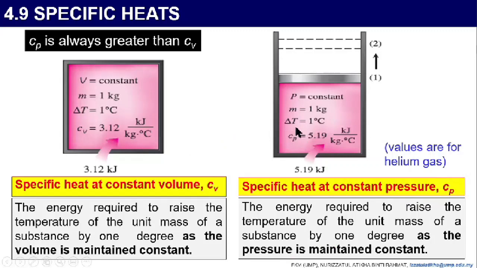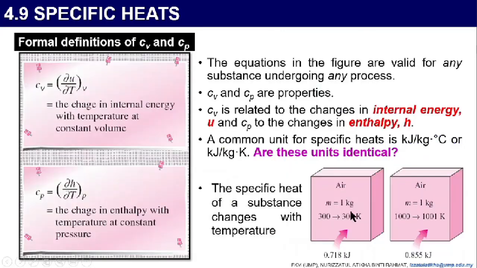You can see in this example, volume is constant and we added 3.12 kilojoules, and for the system where the pressure is constant, we added 5.919 kilojoules.